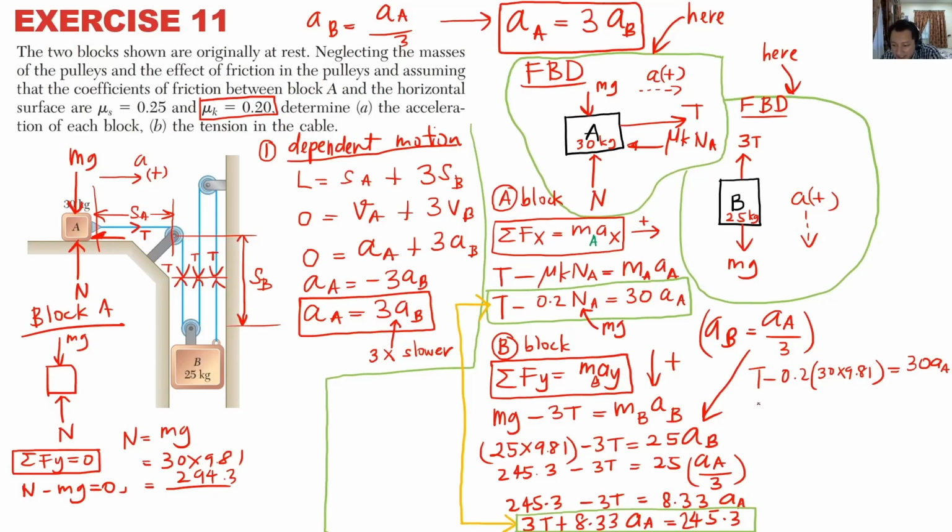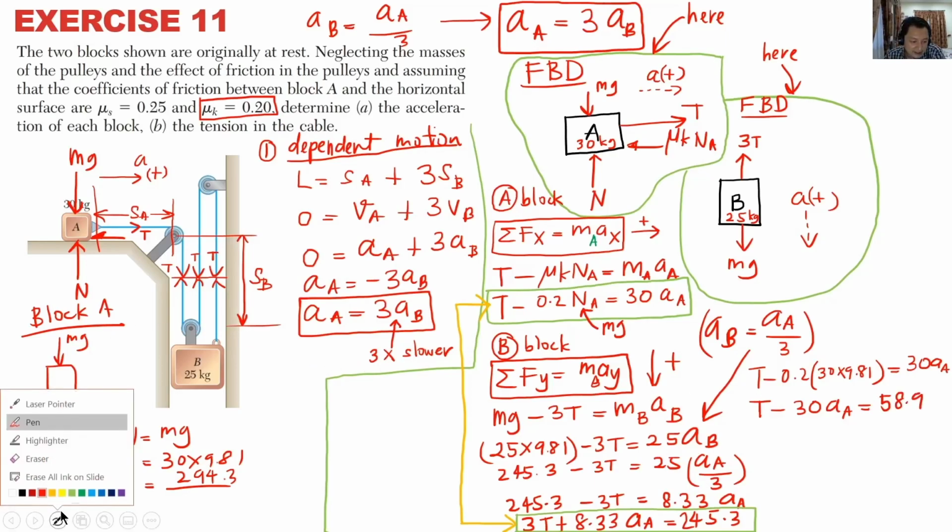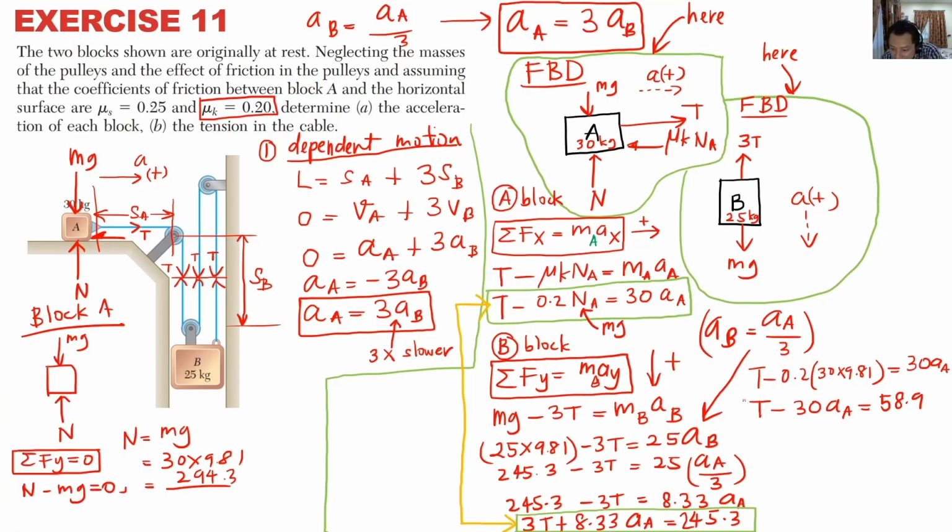So rearrange back, T letak depan, tolak 30 AA equals, negatif buat sana kan, you're gonna get a positive 30 by 9.81 times 0.2, 58.9. This is final, and this equation is simple.